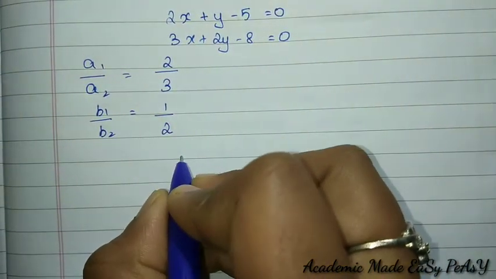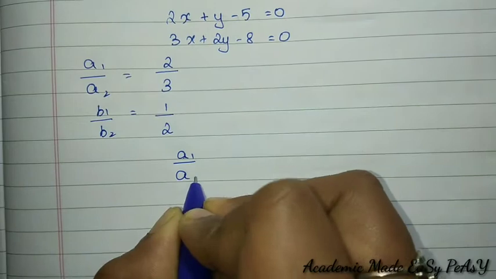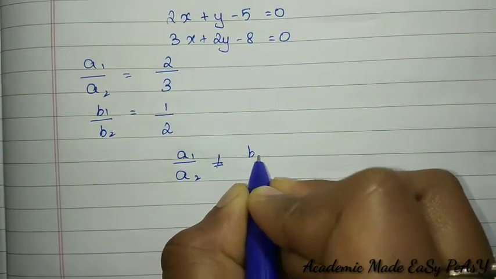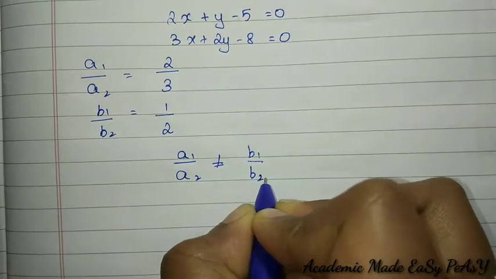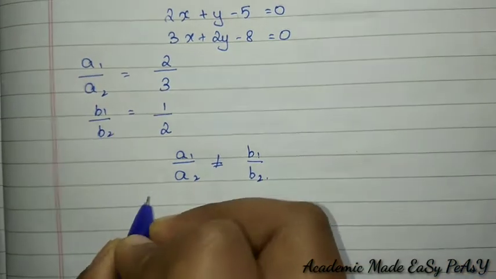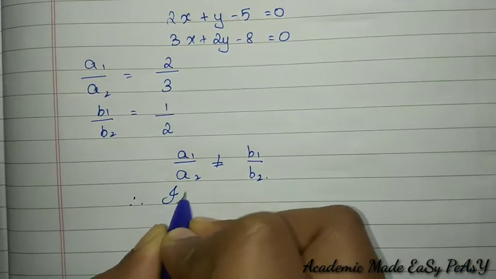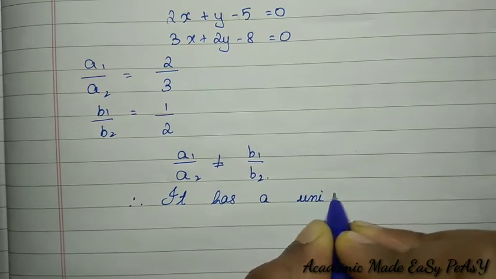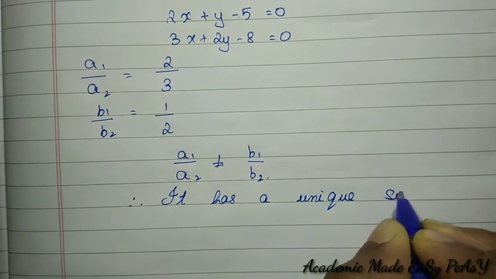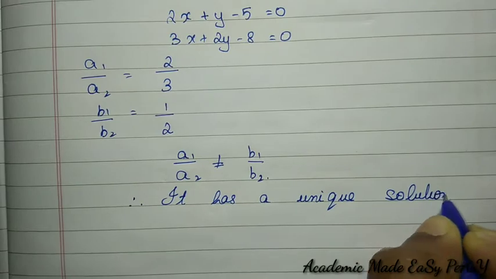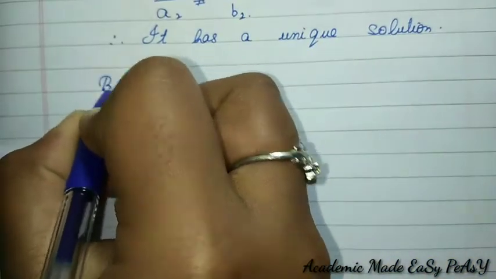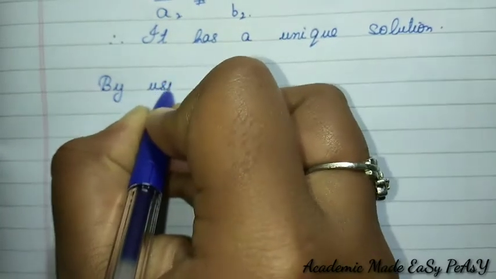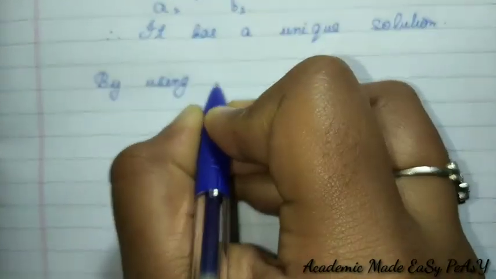So therefore I will say that since a1 by a2 is not equal to b1 by b2, this has a unique solution. So what I will be doing is that by using cross multiplication method.